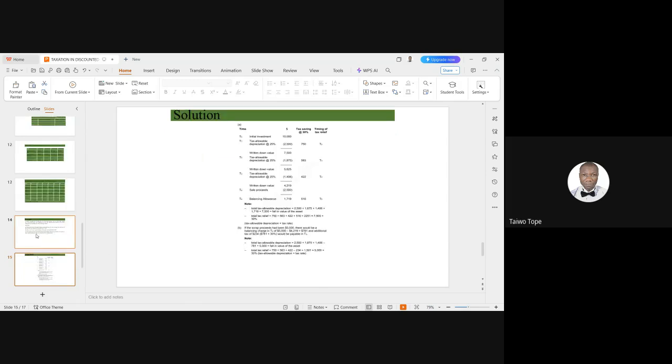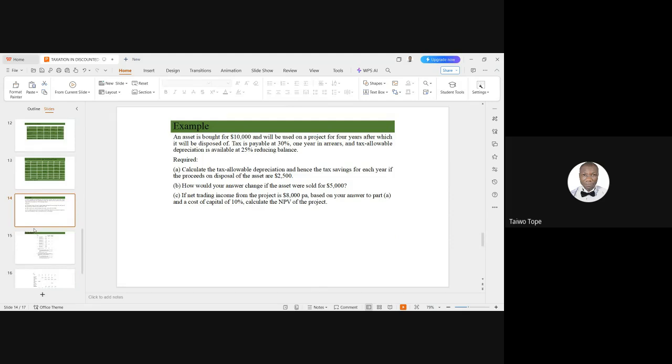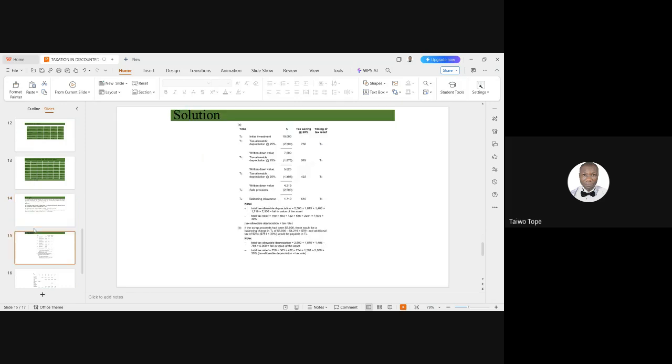Now, from the question, part A is what? Calculate the tax allowable depreciation and hence the tax savings for each year if the proceeds on disposal of the asset are 2,500.